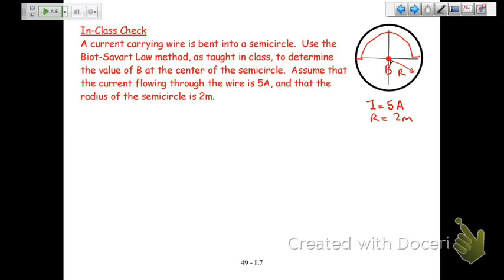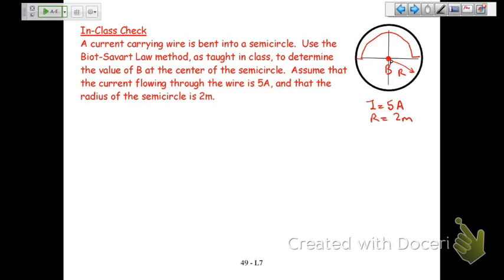I can tell you the length of the wire and that it's a third of a circle, in which case I gave you the information you need to calculate the radius, or I can tell you the radius and that it's a third of a circle, in which case I gave you the information to calculate the length. So those are the two ways in. The fraction of a circle will change, and the way I come in will change.